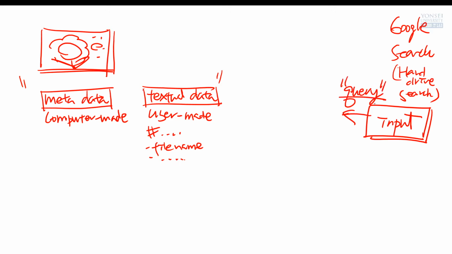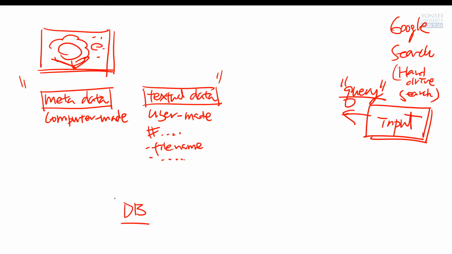Query means you type a certain type of input text so that you can find something from a large amount of images or some existing data. That is the so-called database, image database or textual database. But whatever it is, this is your existing data, files, whatever.